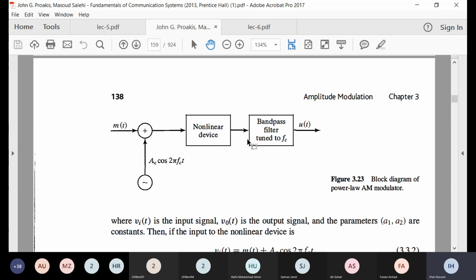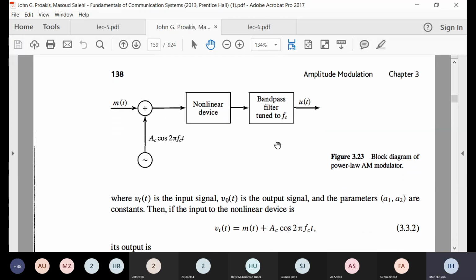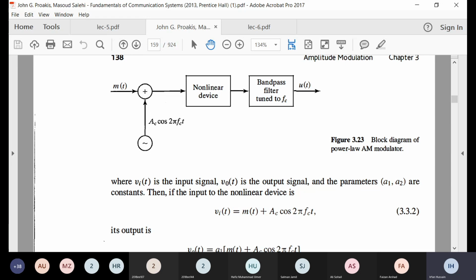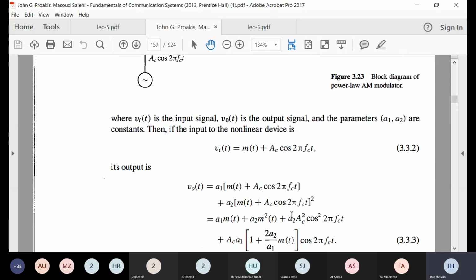It will give me many terms, and will just take those terms which are around fc. So my input signal will be the sum of message plus carrier, and the output will be A1 into this input plus A2 into this input square.